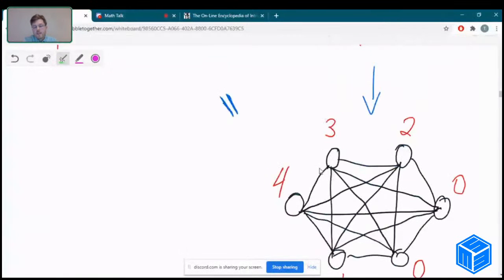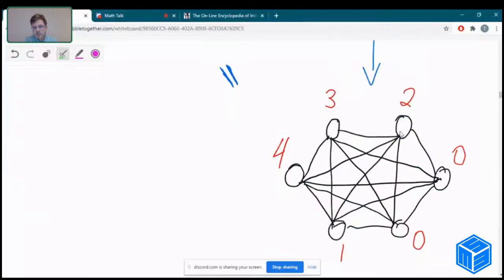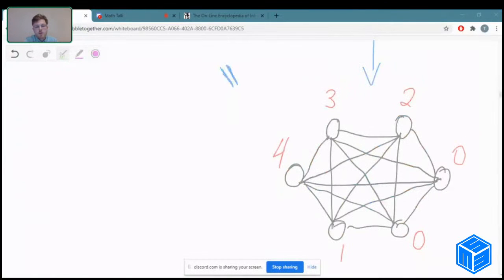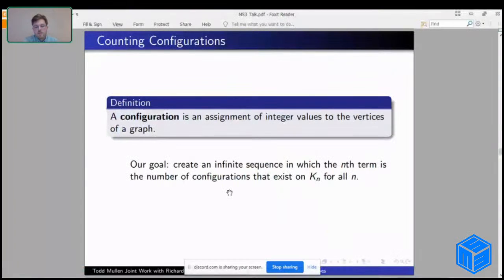So this would be called K6 because it has 6 vertices. So if we go back, what I would be trying to solve for is how many configurations exist on the complete graph with 6 vertices. And then I would want to be able to solve that for any number n. How many configurations exist on the complete graph with 1,000,000 vertices, and so on. That's going to be our goal today.